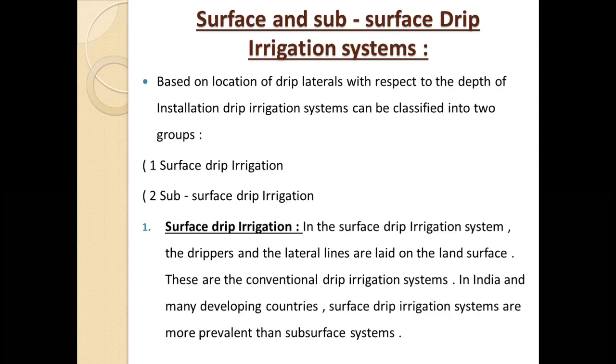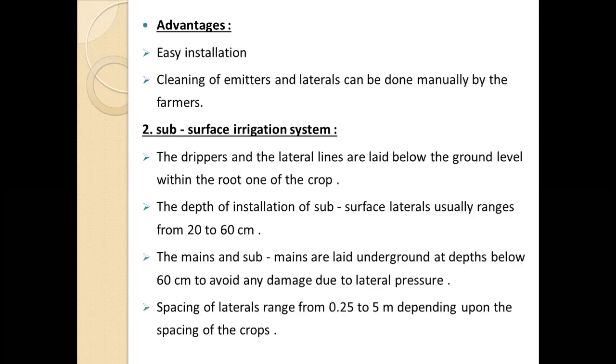These are the conventional drip irrigation systems in India and many developing countries. Surface drip irrigation systems are more prevalent than subsurface systems. The advantage is that it is easy to install and the cleaning of emitters and laterals can be done manually by the farmers.